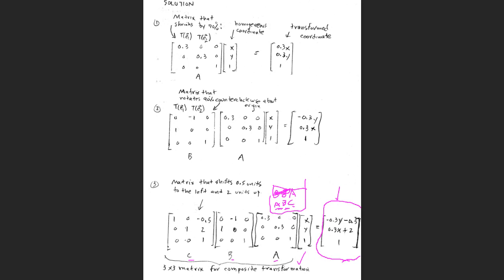Or does order matter here? Does order matter? Let me ask you this: if doing the transformations in the order of C first, B second, and A third were equivalent to doing A first, B second, and C third, effectively we'd be saying ABC equals CBA.